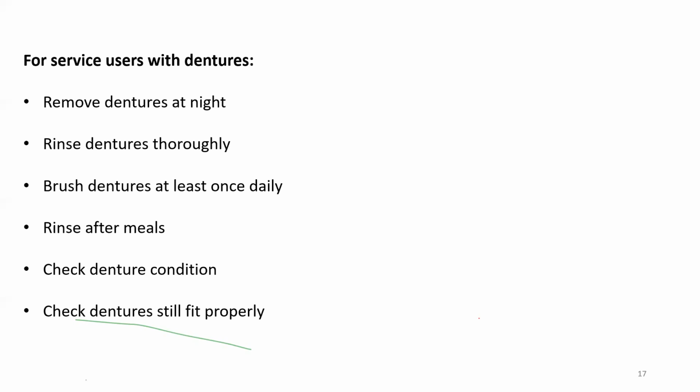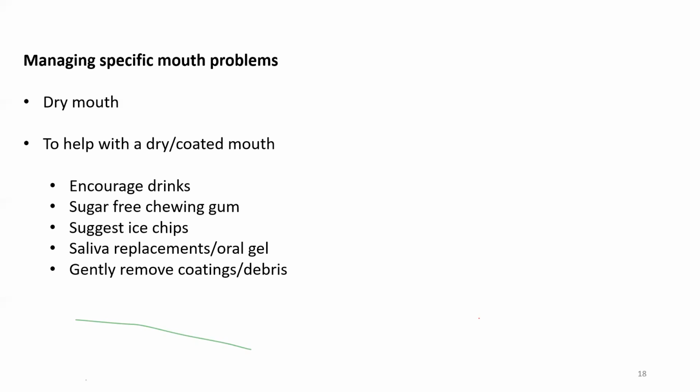So I just want to look at specific mouth problems and how we can support people with those. As I've said throughout, if you've got any concerns about specific mouth problems, speak to the GP or a district nurse or a specialist nurse or a dentist if you're able.